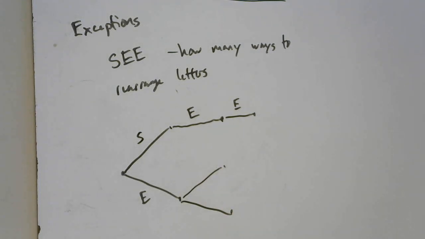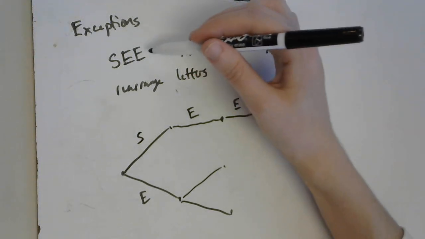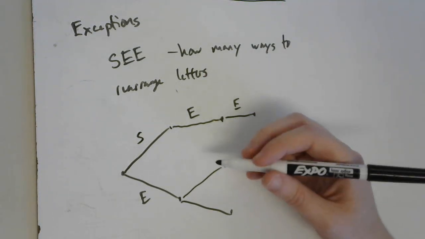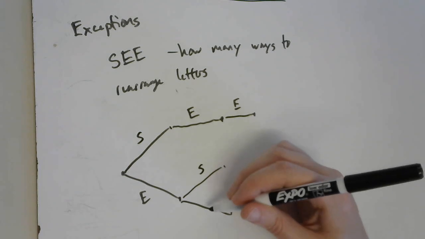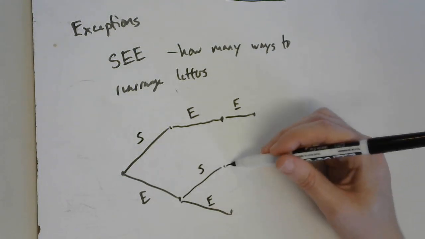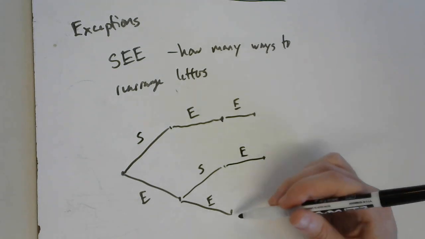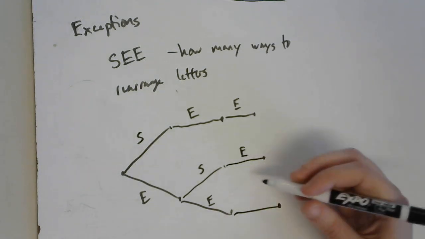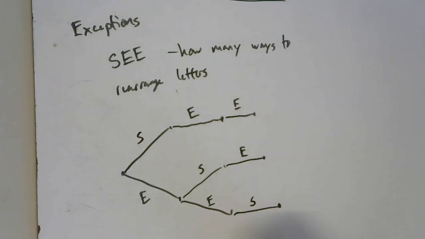If we chose E as our first letter, we've still got 1 E left over, and we've also got an S. So I could either pick an S or an E as my second letter. If I pick an S, I've only got an E left over, so that would be there. If I pick an E, I've got an S left over, so that's determined.